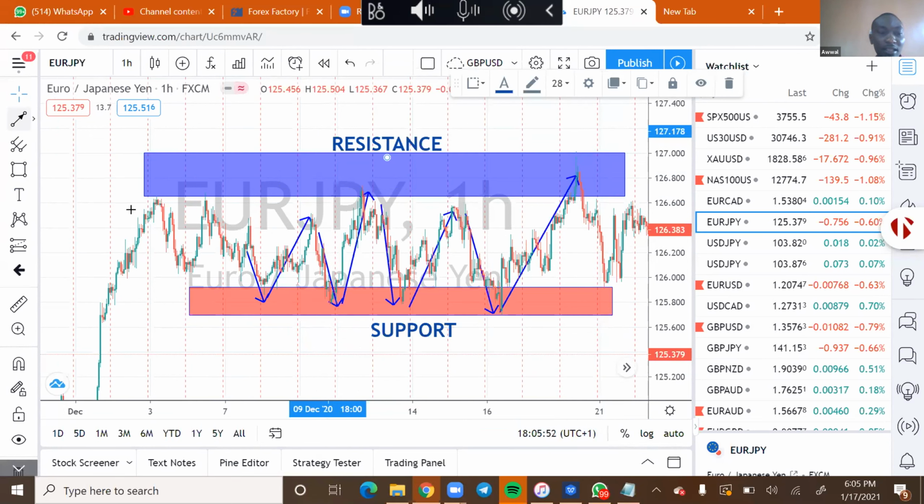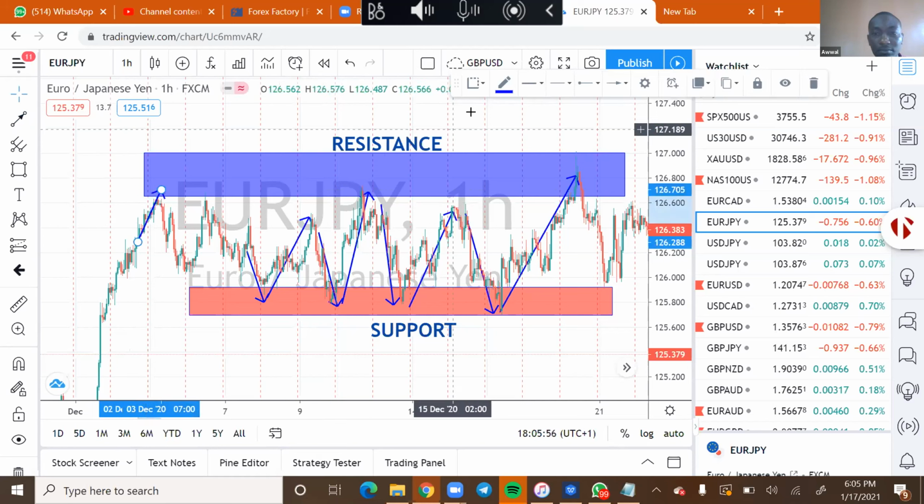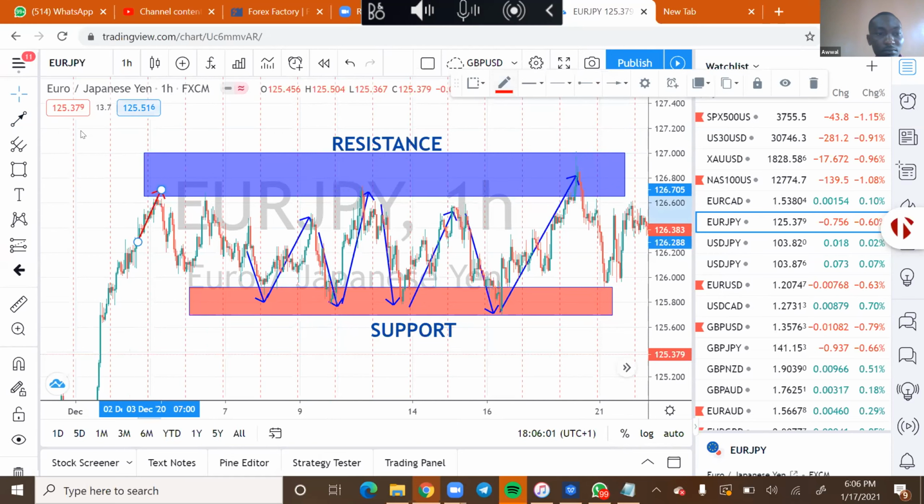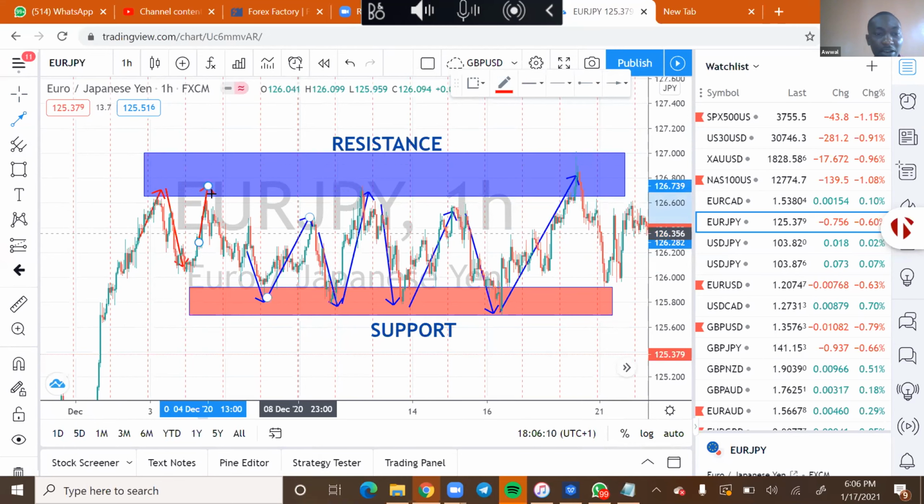Now, as you can see, the market came into this area, and it came back down. The market came into that same area again, came back down again. It went into that area again, and it came back down.